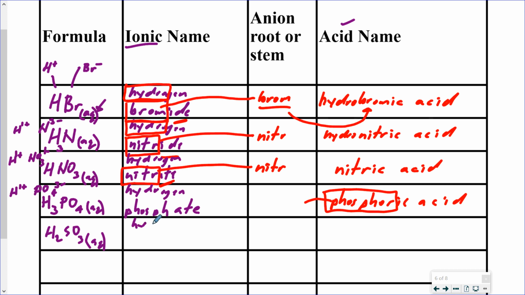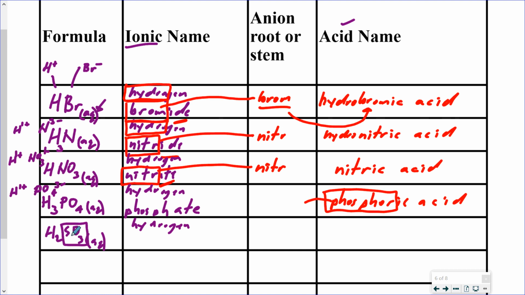Hydrogen for the name. So kind of think of it this way as well. We know that hydrogen is the cation. Everything else is what you're looking for on the table of polyatomic ions. So you are looking for something that has SO3.